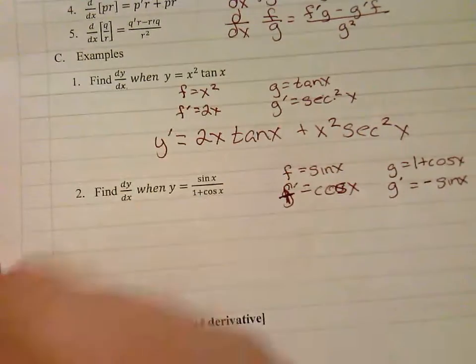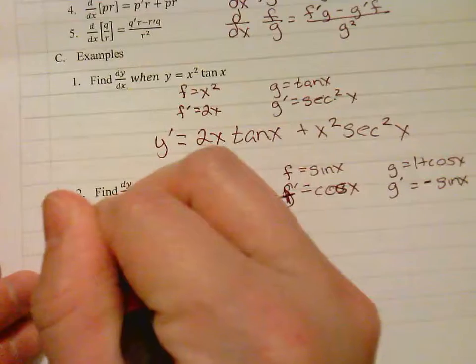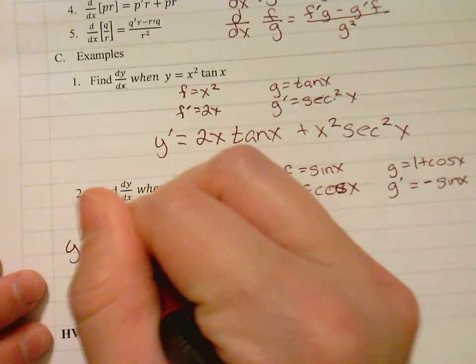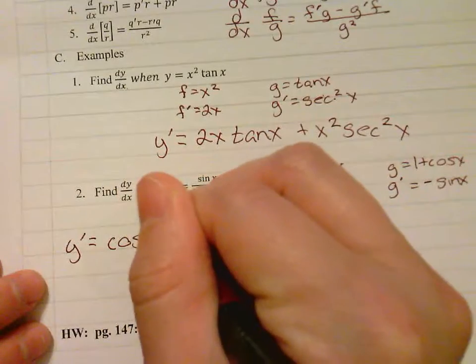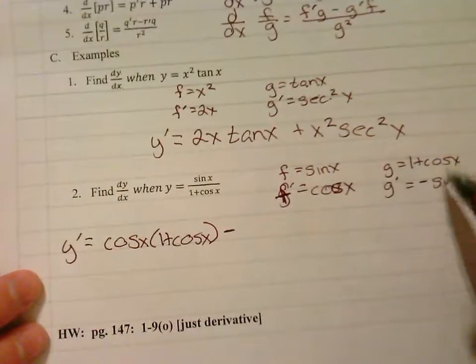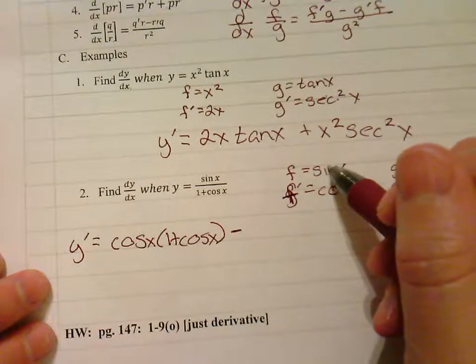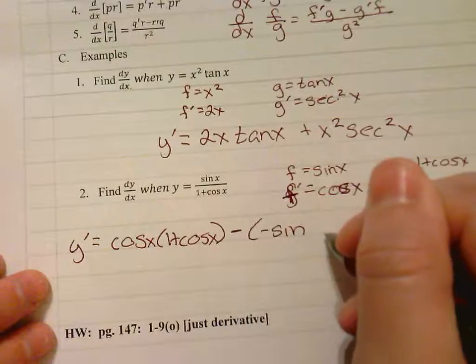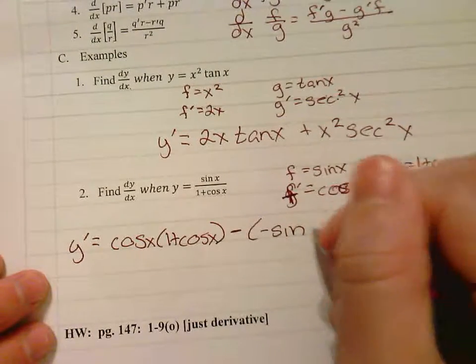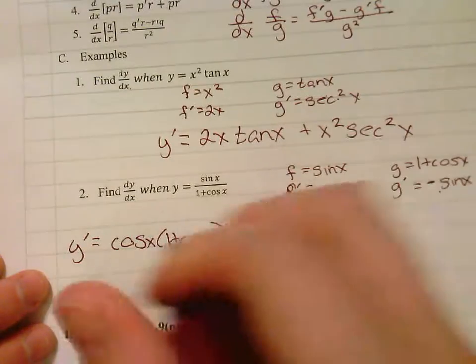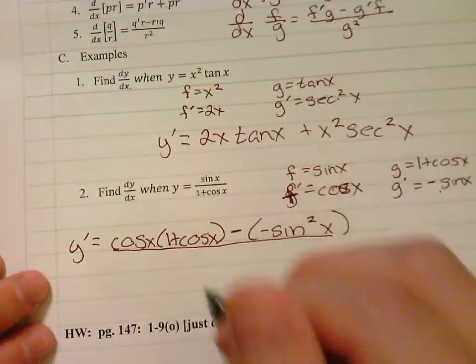So y prime is going to be cosine x times 1 plus cosine x minus g prime f, so that's going to give me negative sine x times sine x is sine squared x over g squared.